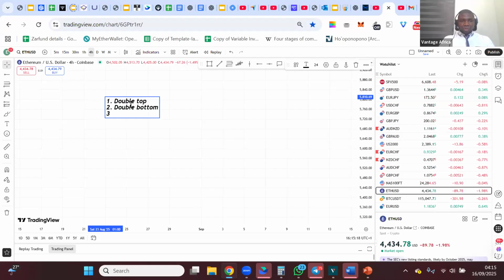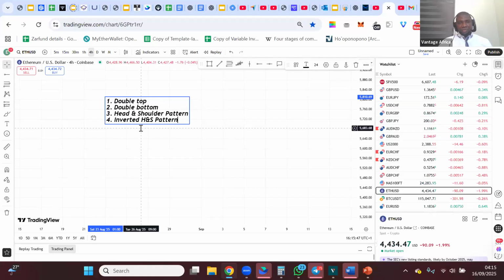Number three, we call the head and shoulder pattern. Number four, we call the inverted head and shoulder pattern. Okay. We have a double top, a double bottom, a head and shoulder, and an inverted head and shoulder.